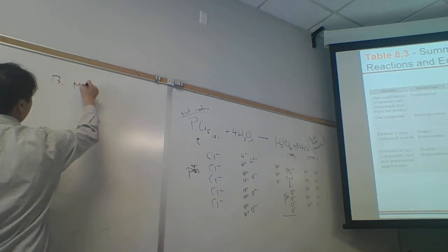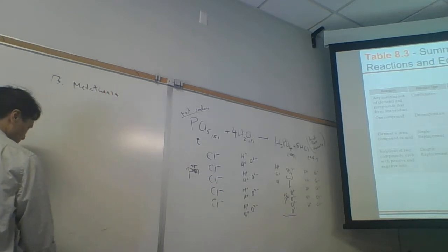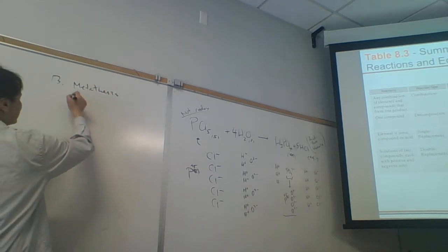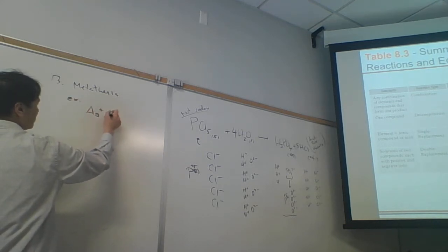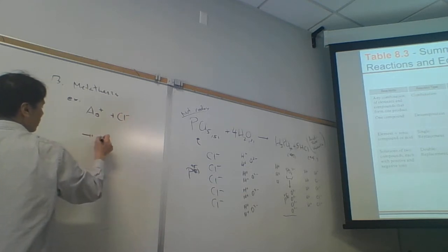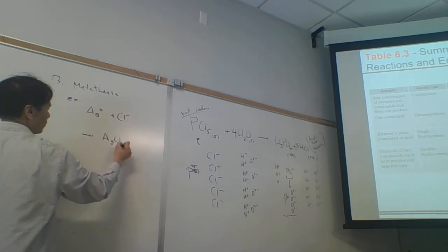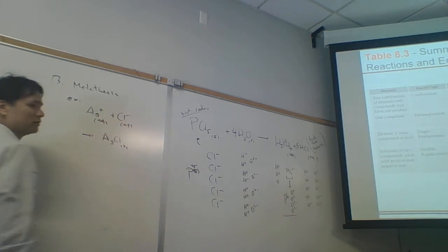Another type of reaction is called the metathesis reaction. Let me give you an example of a metathesis reaction. One example is if I take silver ions, which have a positive charge, plus chloride ions, which have a negative charge, I'll make silver chloride solid. So if I take aqueous silver ions and aqueous chloride ions, I can make silver chloride.